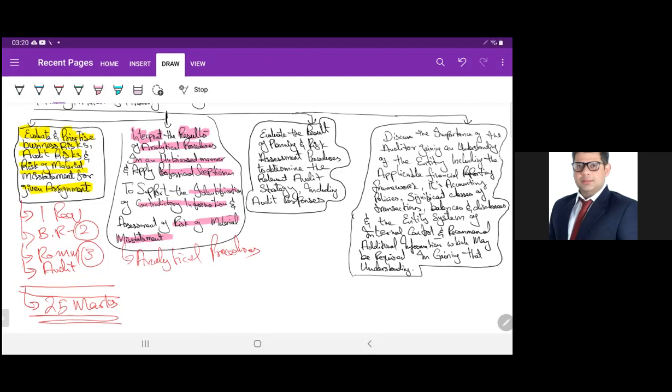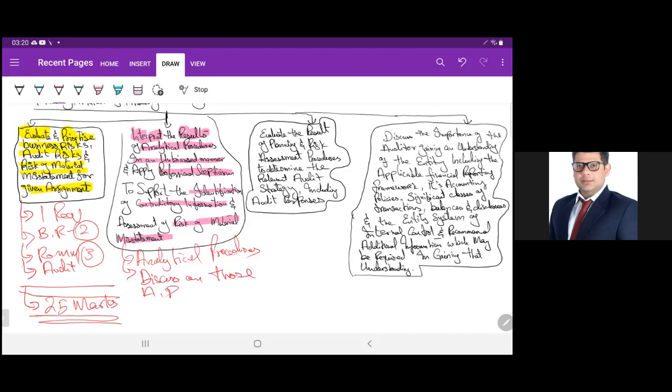For example, you may compute five analytical procedures, you compute five ratios, right? Then you will discuss on those analytical procedures.